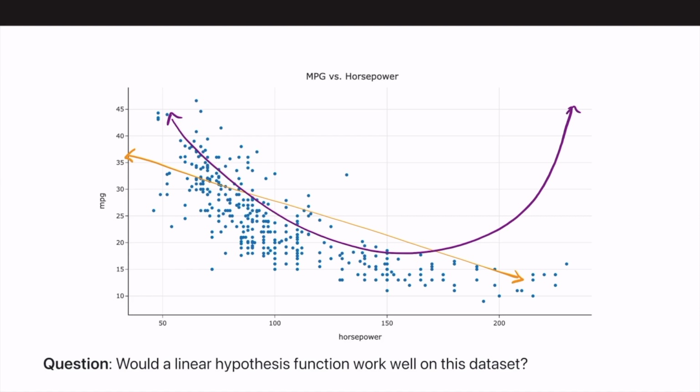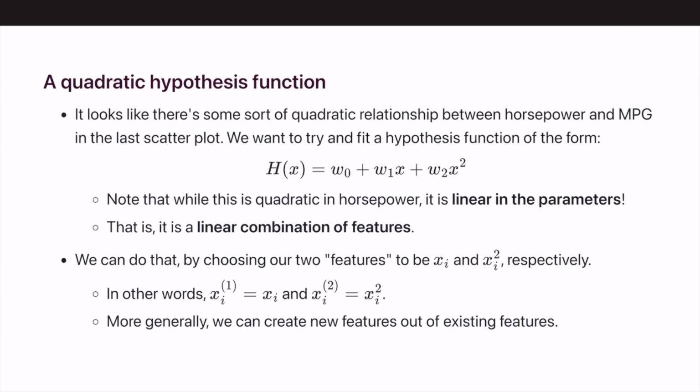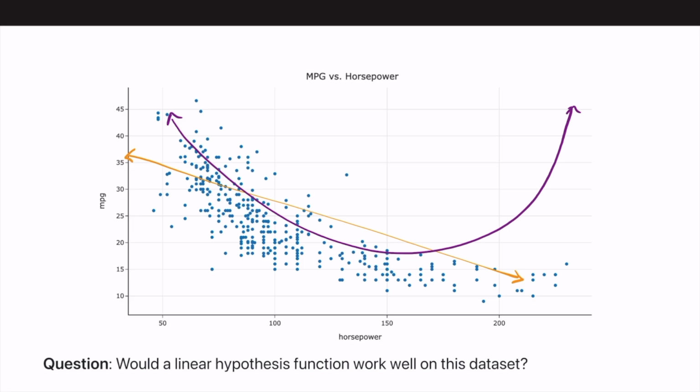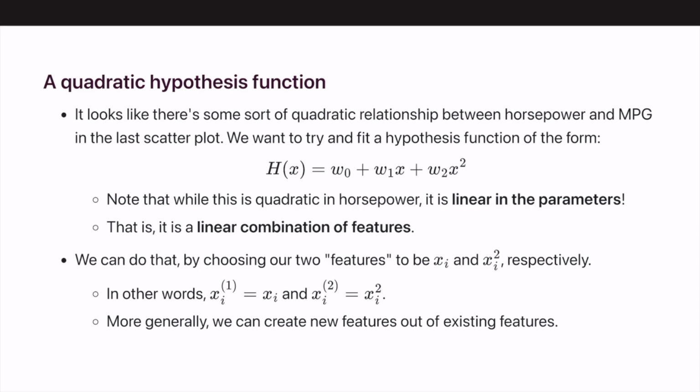So how would that work? Could we, doing the same thing that we've been doing, design a hypothesis function which has nonlinear components to it? What would that even look like? Well, with our hypothesis function, we're following a pattern that you probably can see by now.